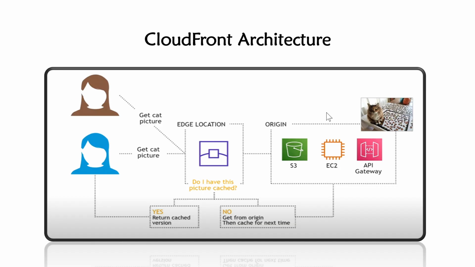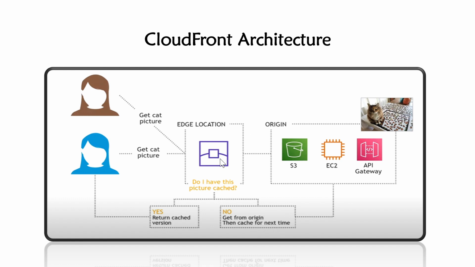So this is the architecture of CloudFront. The user checks for the cat picture in the edge location. If there is a cached version, it will be returned to the user, or else it gets it from the origin and caches it for the next time.